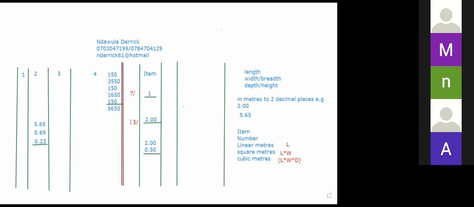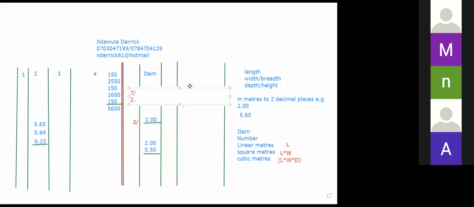Now, let's assume I have my 7 here. But then, as I was dealing with the 7, I found out that there was another tree that I had not considered. In this case, we do what we call dotting on, 2 dots, which is 2.7.